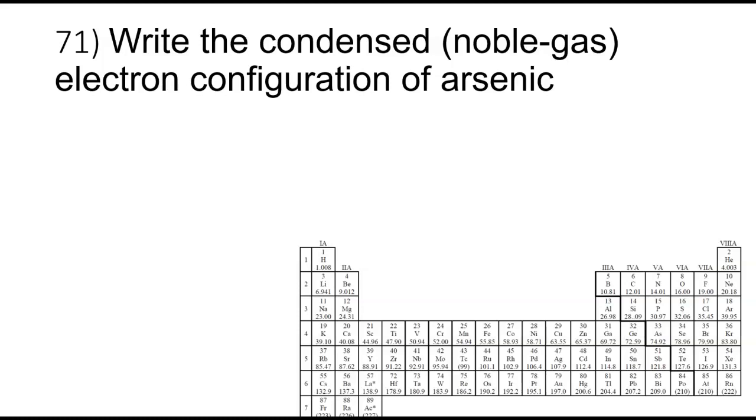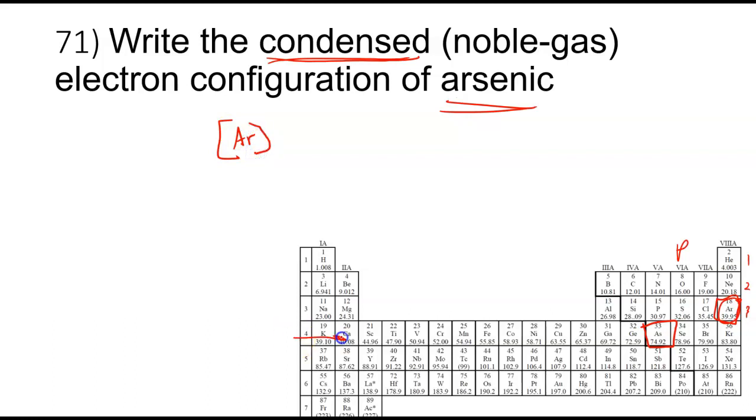Oh, thankfully, condensed. Yes, arsenic, easy peasy. An easy way to do this, you can draw out the whole electron configuration. Absolutely, you can do that. Or you can just look at the noble gas before it. And then go 1, 2, 3. This is 3p6, which is argon. And you just do that.